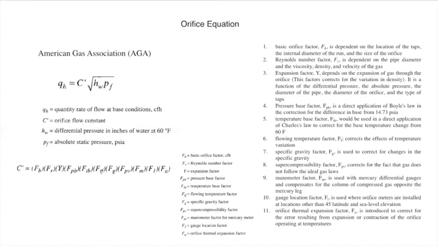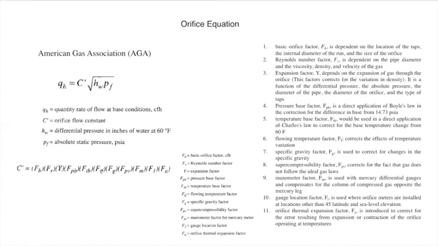This base factor, you can find from Appendix C given in the Guo and Ghalambor book. In this appendix you can see the value of FB based on the size of your orifice and the diameter of your pipeline. So these are the two factors which let you find the value of FB.